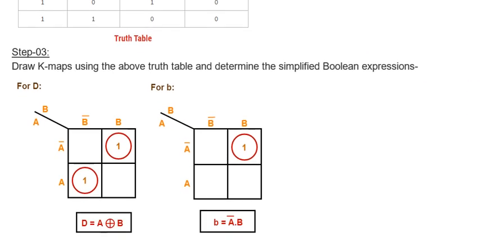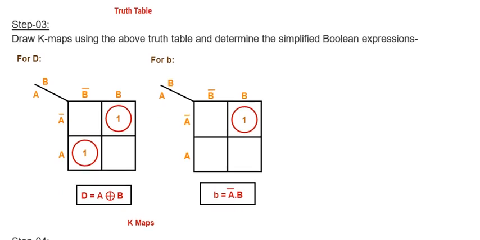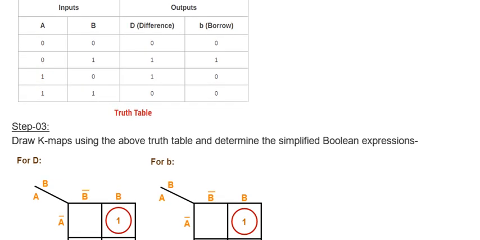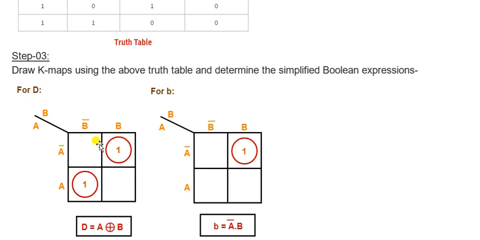If you want to use the K-map, this is the process. Draw K-map using the above truth table and determine the simplified Boolean expression. We have two input variables A, B, 0 1, 0 1. Total number of cells in a K-map equal to total number of input combinations.